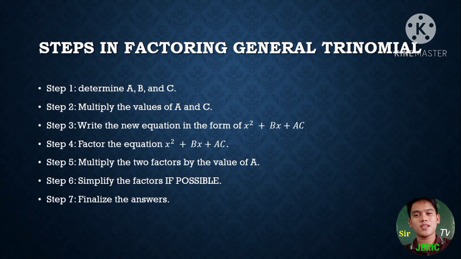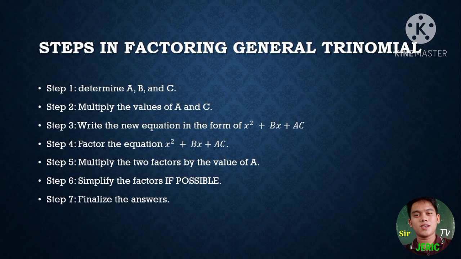Step 3, write the new equation in the form of x squared plus bx plus ac. Step 4 is to factor the equation x squared plus bx plus ac. Step 5 is to multiply the factors by the value of a. Step 6 is to simplify the factors if possible. And then step 7 is to finalize the answers.